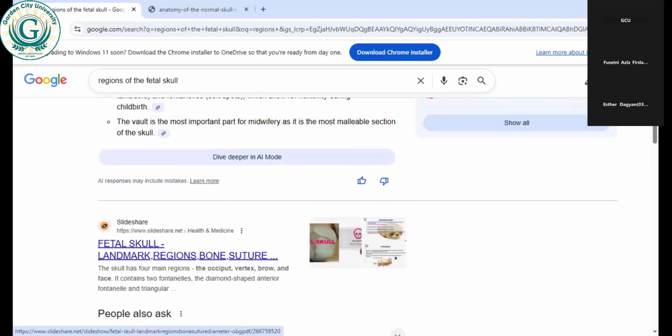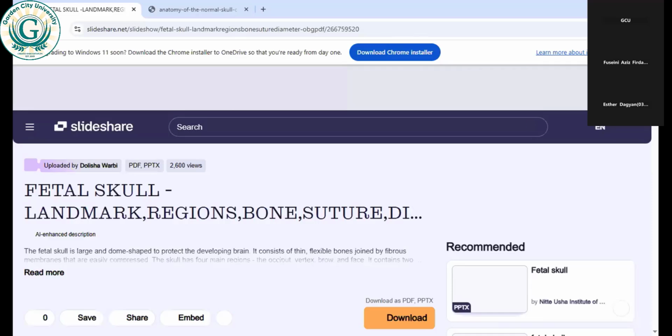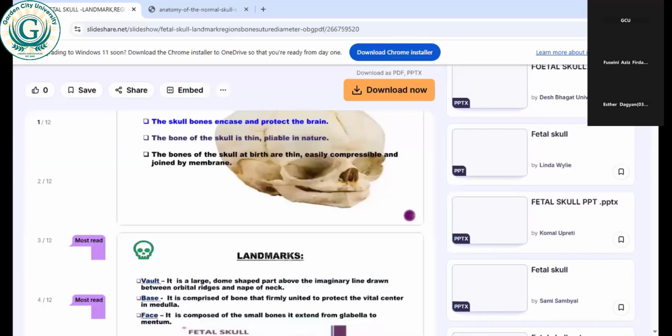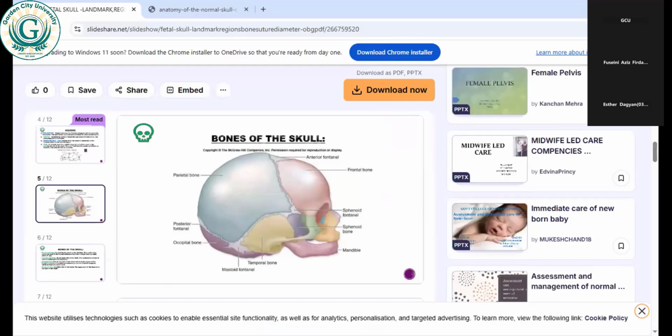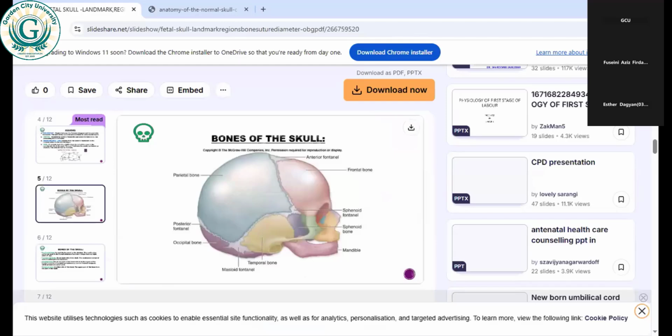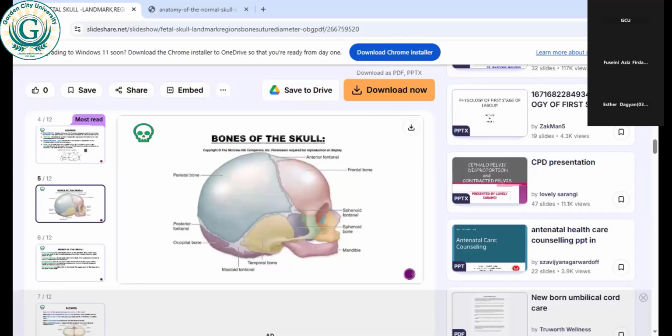Okay. The forehead or sinciput region extends from the anterior fontanelle and the coronal suture to the orbital ridges. And we explained that the orbital ridge is the bone right above your eyebrow.